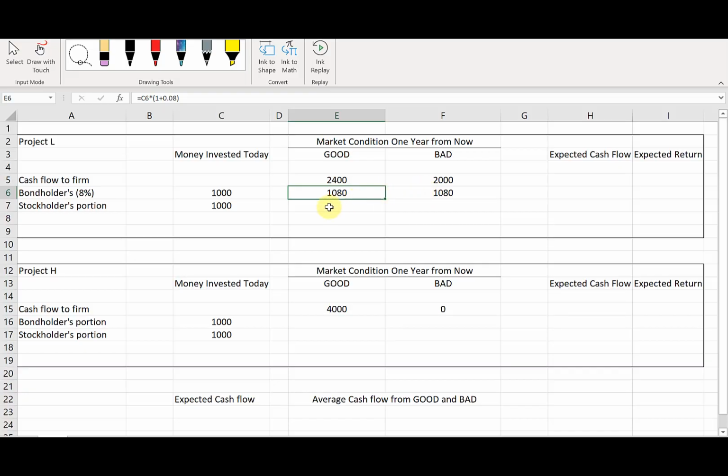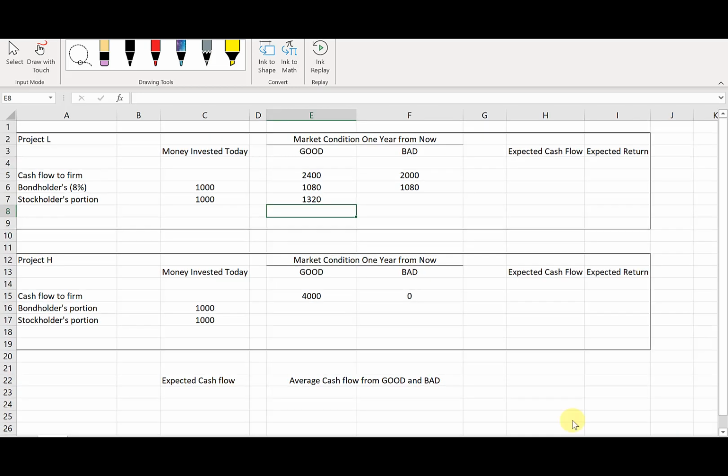After paying the bondholders, what is left goes to the stockholders. So if the firm made 2,400, let's remove how much was paid to the bondholders.